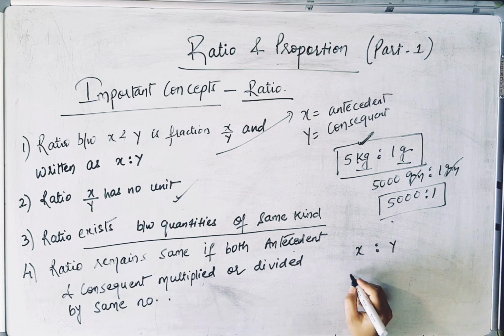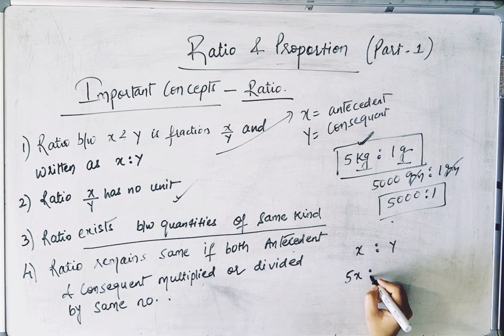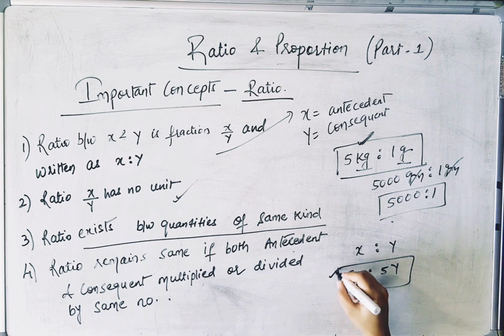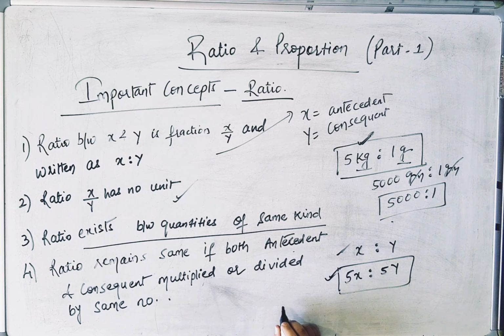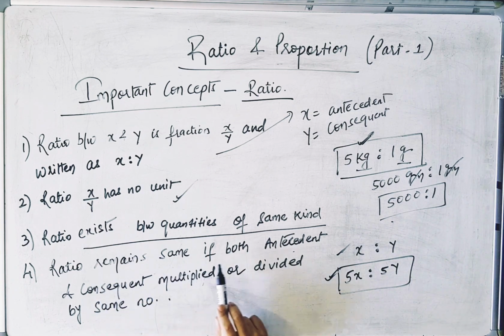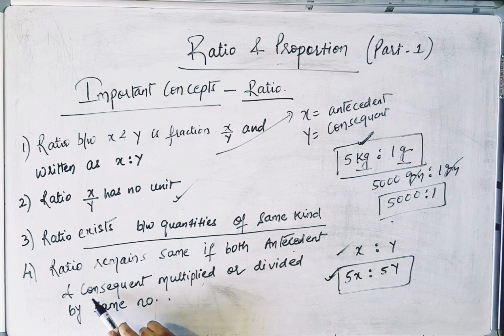Now if I multiply by 5, I get 5x is to 5y. So this ratio will be the same as the first ratio. They are saying the same thing. Ratio remains the same if both antecedent and consequent are multiplied or divided by the same number.